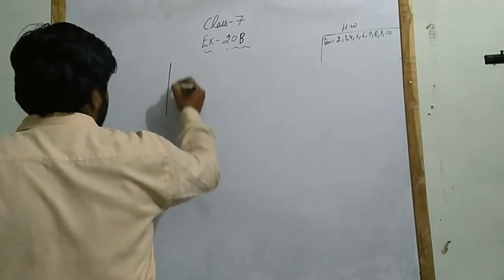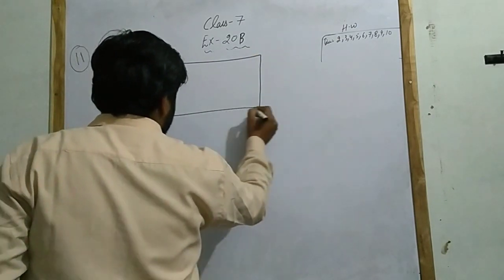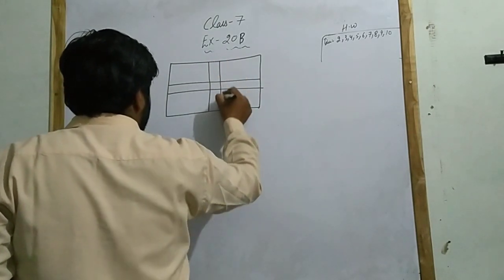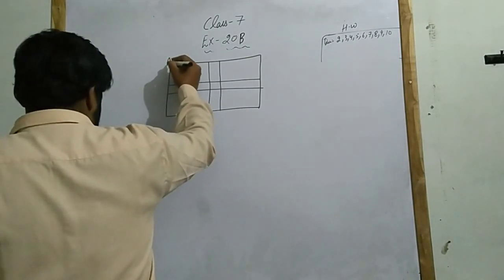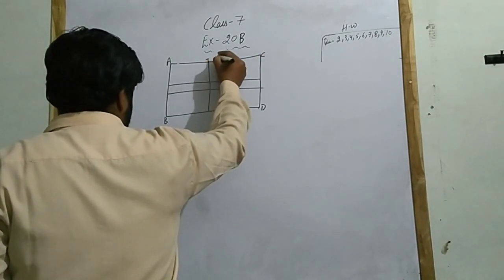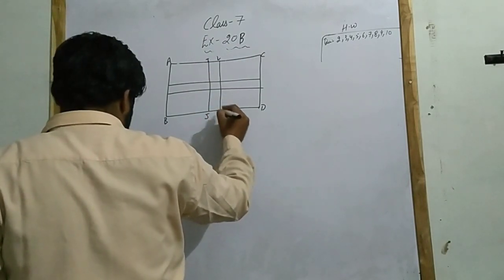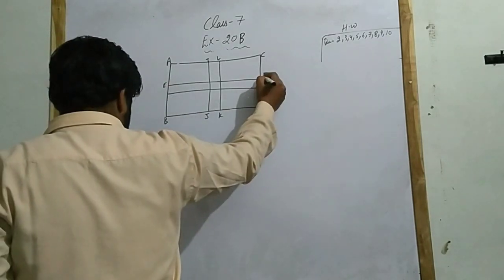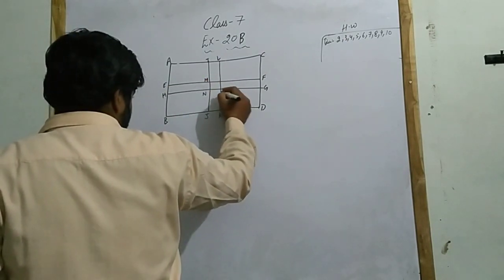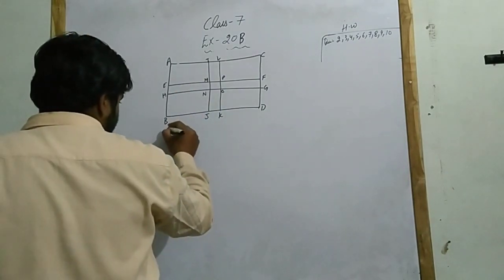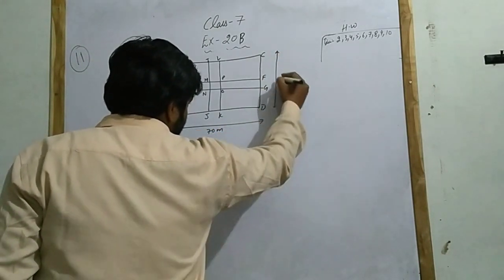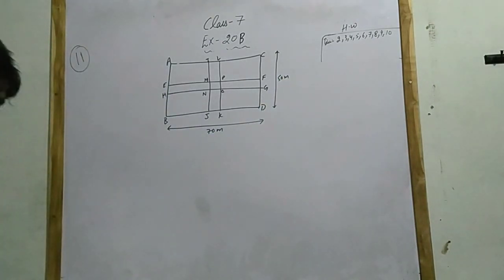This is your figure, with points A, B, C, D, I, L, J, K, E, F, G, H, M, N, O, P. This side is 70 meter and this is 50 meter.